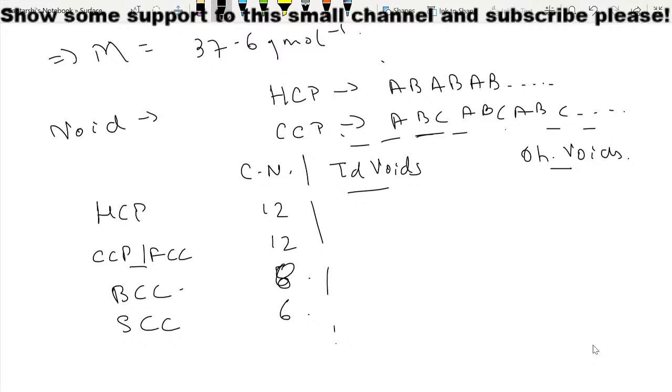That being said, I'll give you some important relations for both of them. The radius of a tetrahedral void, r, is equal to 0.225 R. Here r is the radius of the void and capital R is the radius of the constituent particles.